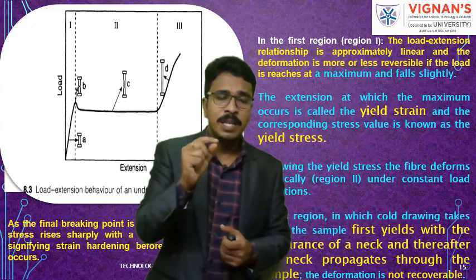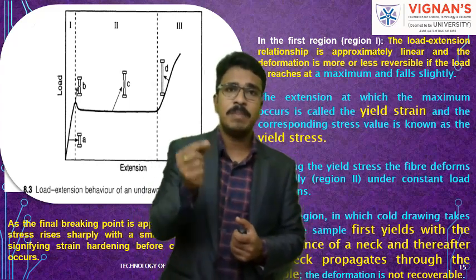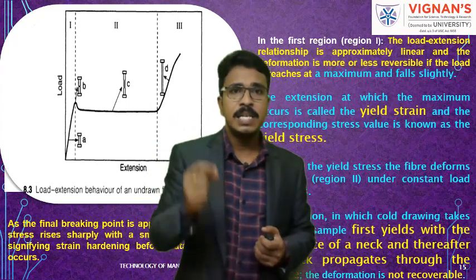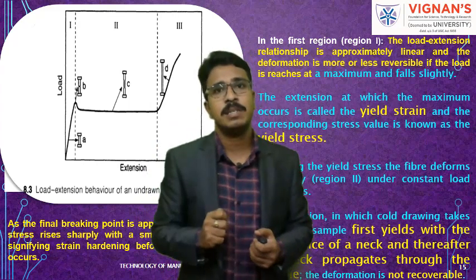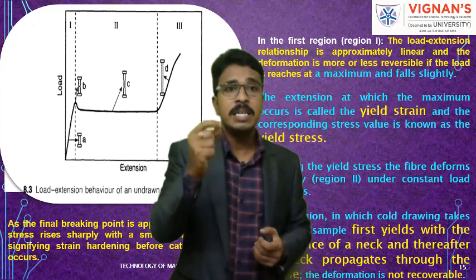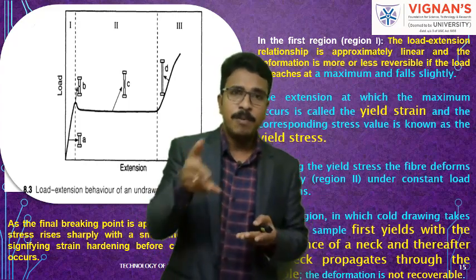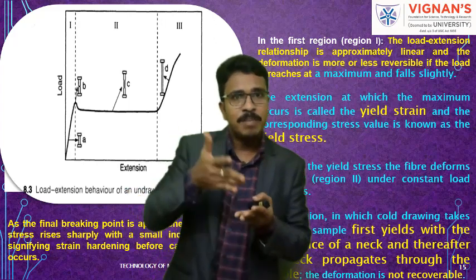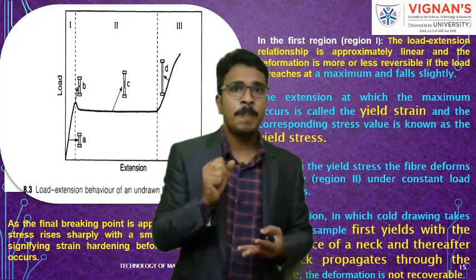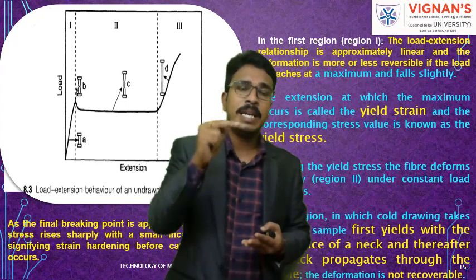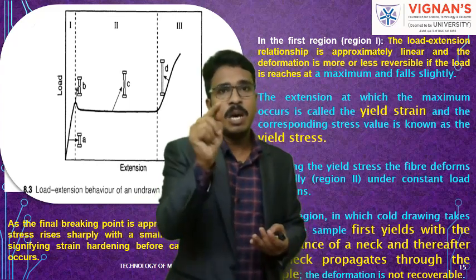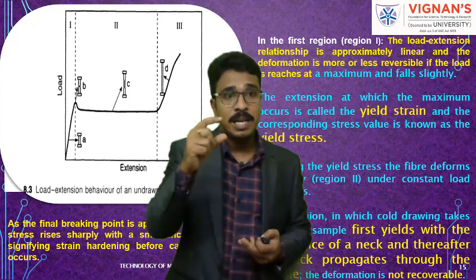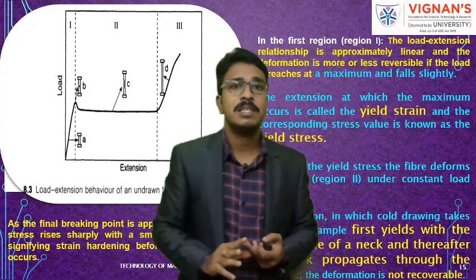When the same filament starts to be loaded and comes to point B, that is where the necking takes place. Before that necking, if you remove the load, the filament comes back to the same as A. But once the necking starts, you can observe how B looks, where some deformation occurs.